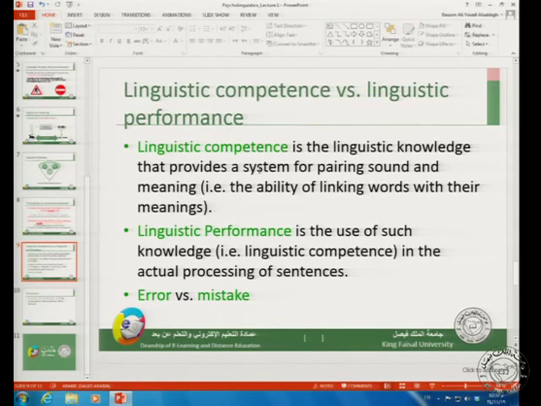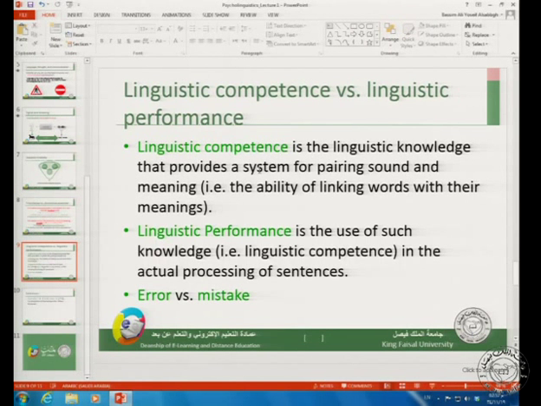So for example, you wanted to create a sentence. For example, I was hungry. Right? I was hungry. You know that the sentence "I was hungry" is the correct sentence. This is competence. This is inside your head. You know that it is right.